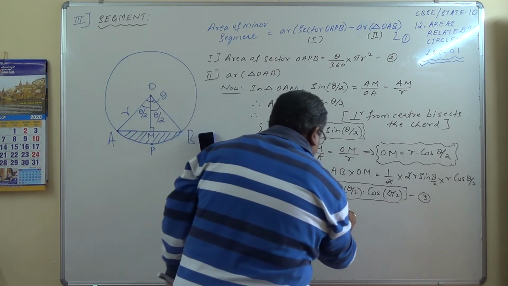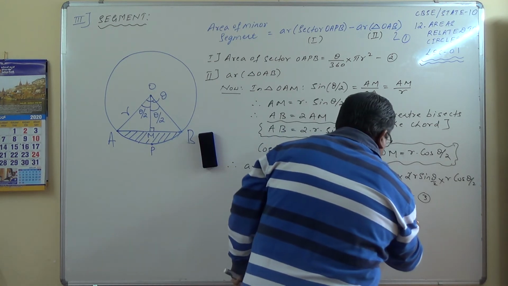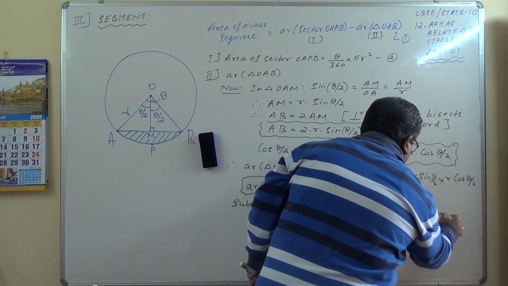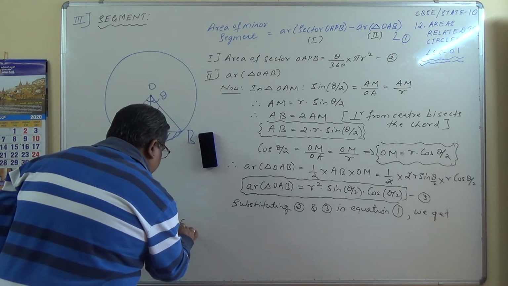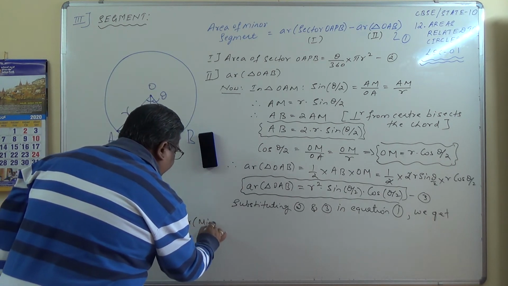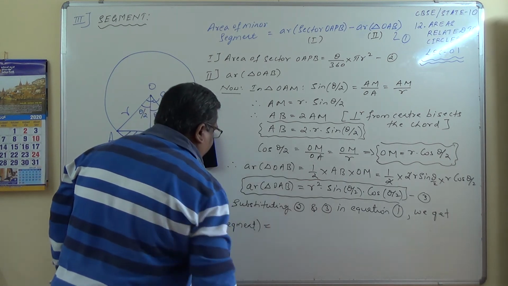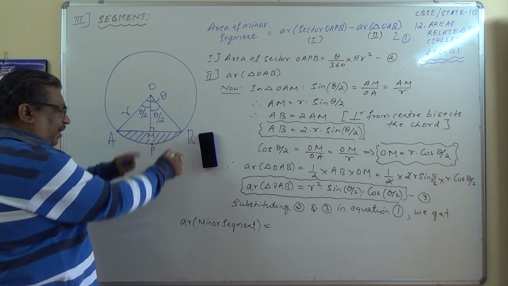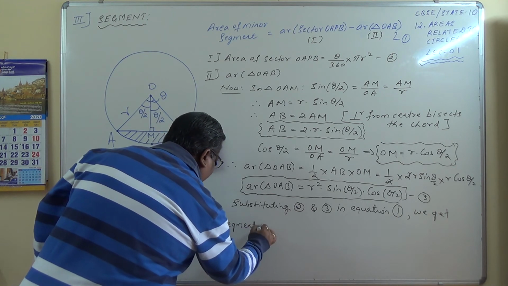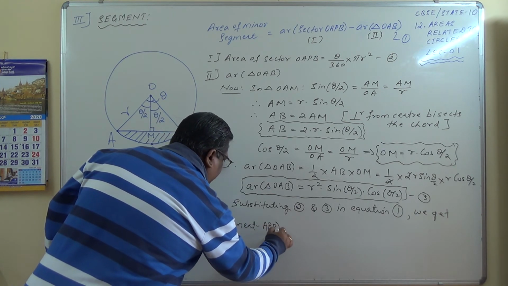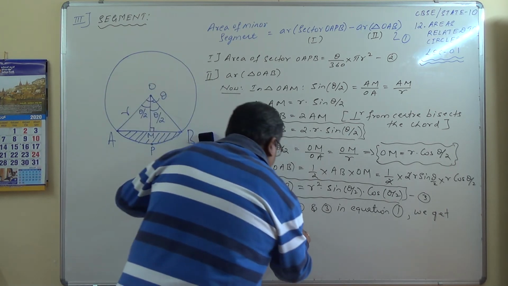The area of the minor segment APB is equal to the area of the sector minus the area of the triangle.